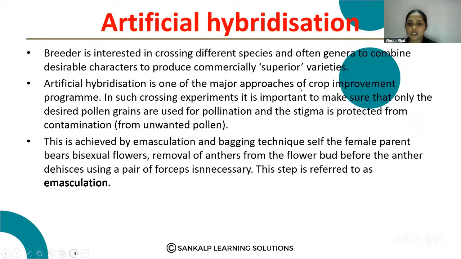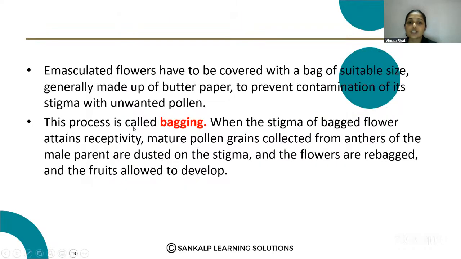Artificial hybridization. Mainly artificial hybridization is carried out to increase productivity and to get desirable characters. It is performed in two steps. The first step is emasculation, where the male anthers are removed, followed by bagging.